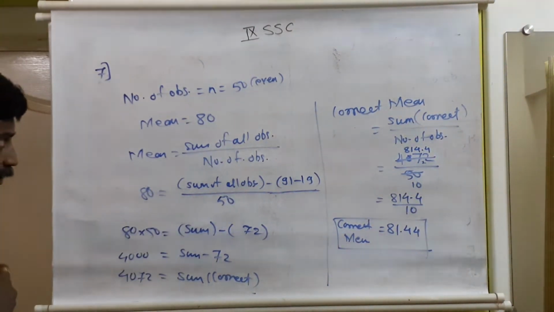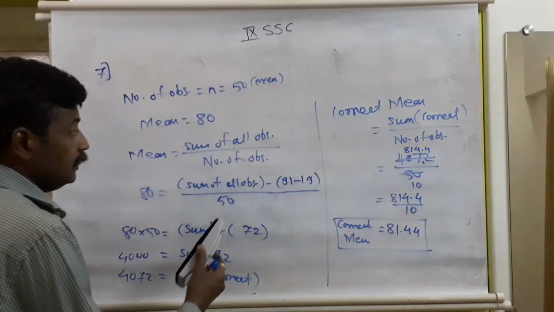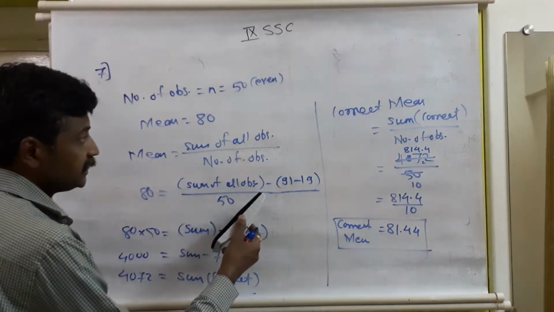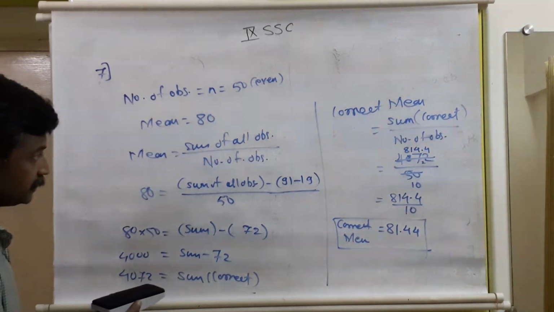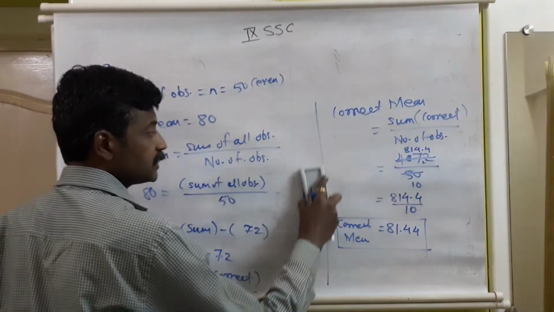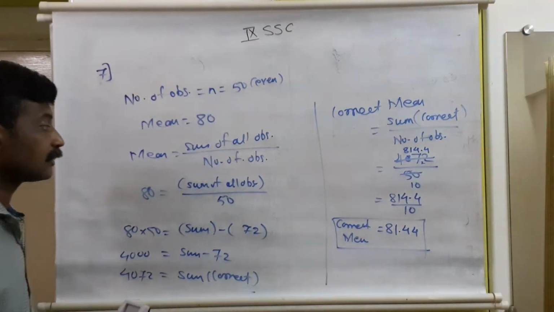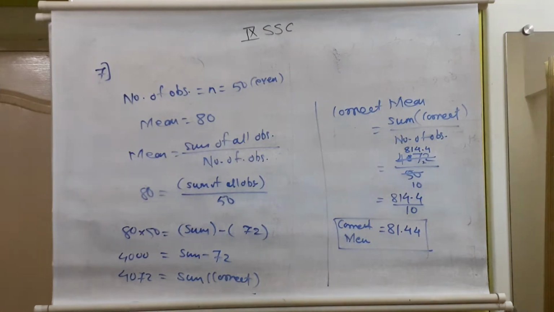I think I have done one mistake. We will not subtract it from here because first we are calculating the wrong sum. Then we'll go to the correct sum after the difference.